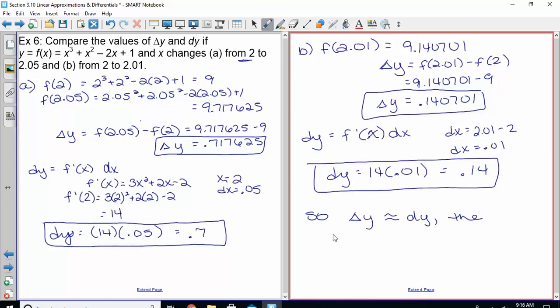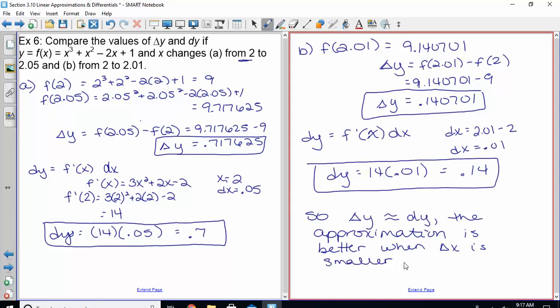And the approximation is better when the change of x is smaller.